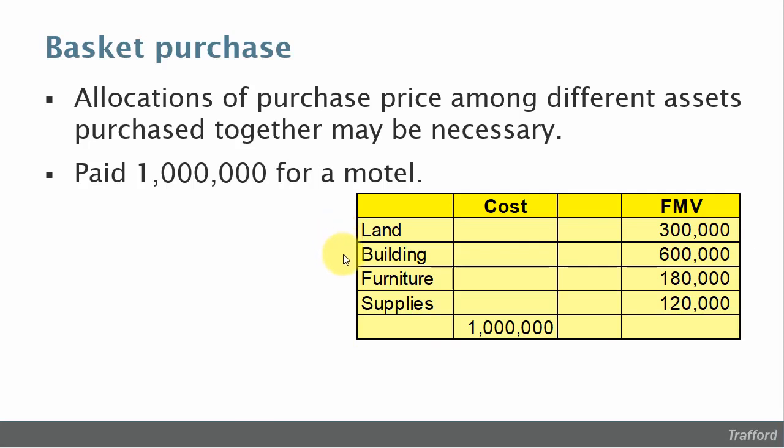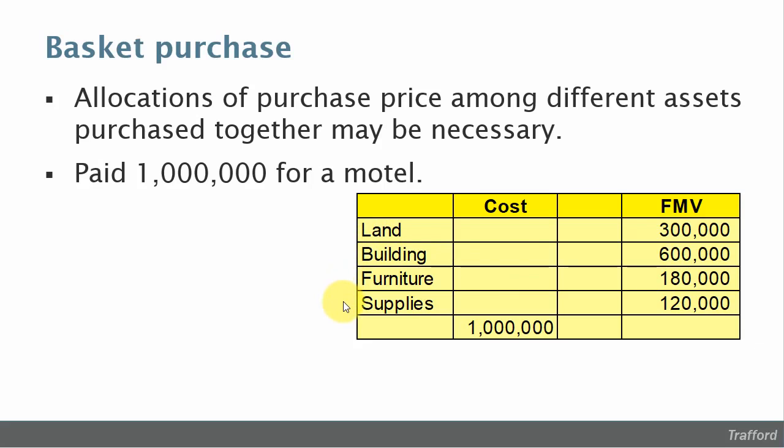Buildings and furniture get depreciated over time, but they have different useful lives, so we need separate categories for assets with different useful lives. And supplies are generally inventoried, counted, and expensed as they're used up. So we need to allocate the correct, or our best estimate of the correct, amount of this $1 million to each category so that we get correct future treatment. How would we do it?